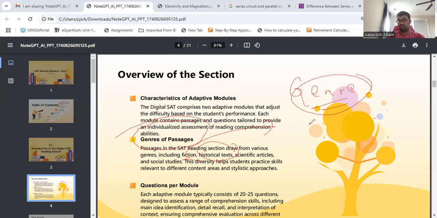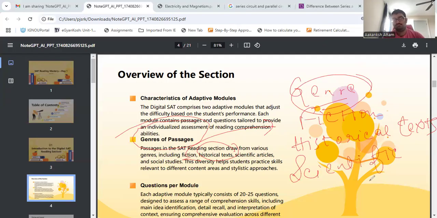So these are the various kinds of genres: fiction, historical texts, scientific articles, and social studies.